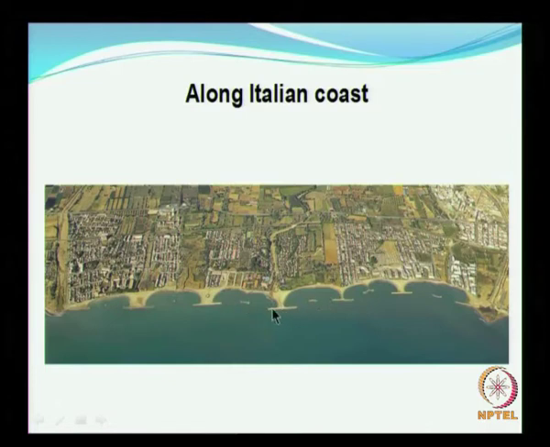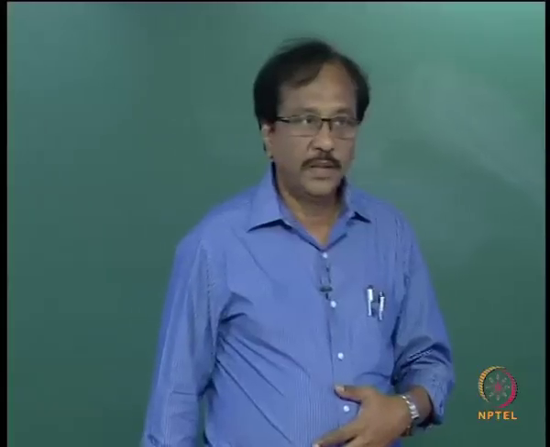If you think this bay is quite wide and you want to reduce its width, you can still build small structures parallel to the coast, and that will trap the sediment. So you will have a reduction in the bay size, you understood. This is the advantage of offshore detached breakwaters.